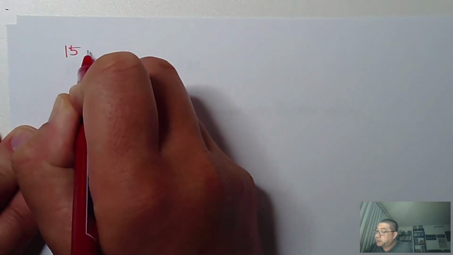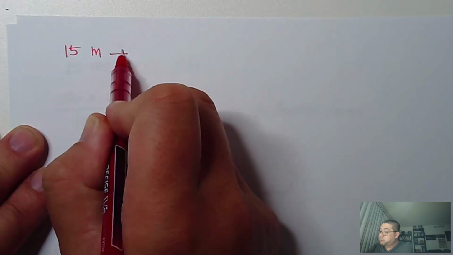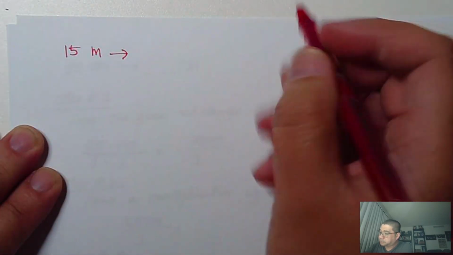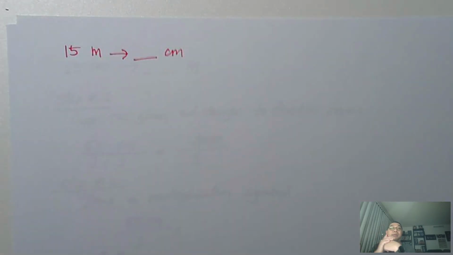Okay, so page 6. Example number 1. Let's say I have 15 meters, and I want to convert 15 meters to centimeters. So how many centimeters are there in 15 meters?